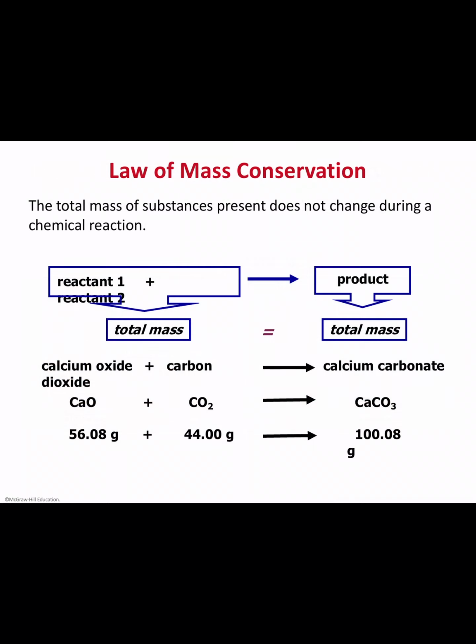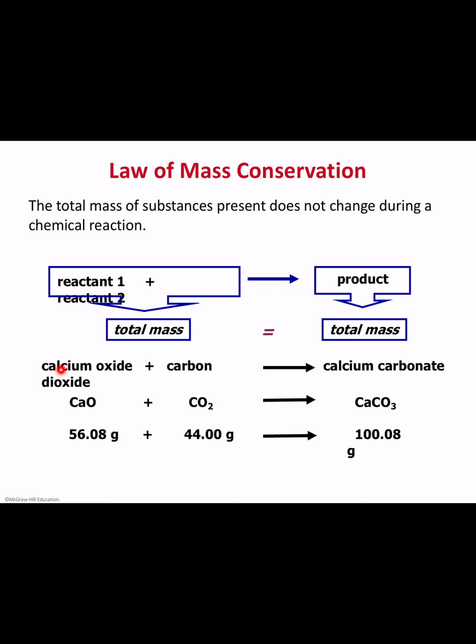And a little bit more detail about the law of mass conservation. The total mass of substances present does not change during a chemical reaction. Let's say that we are going to do a reaction, calcium oxide with carbon dioxide. When you put these two together, it forms calcium carbonate.